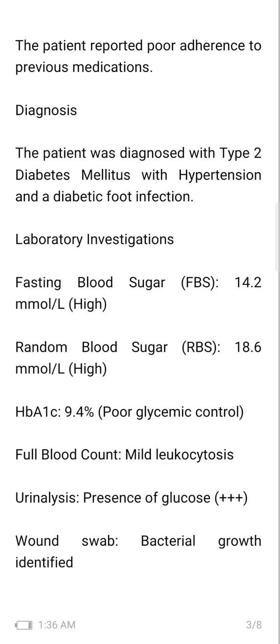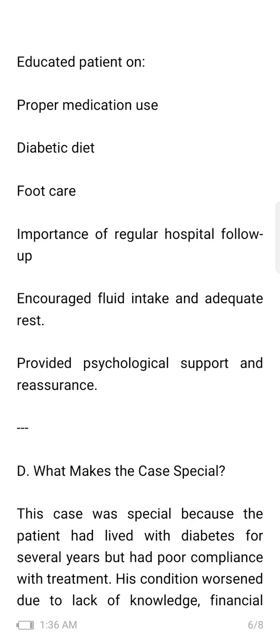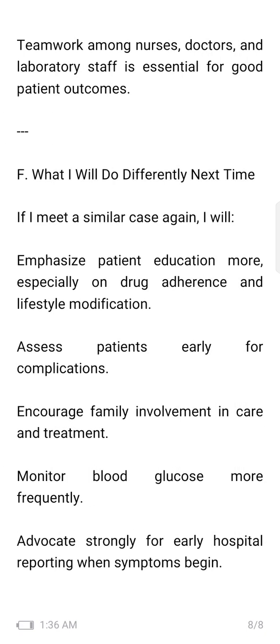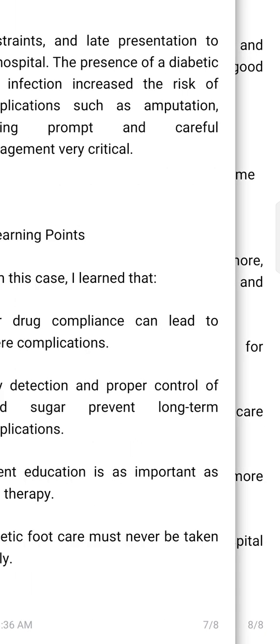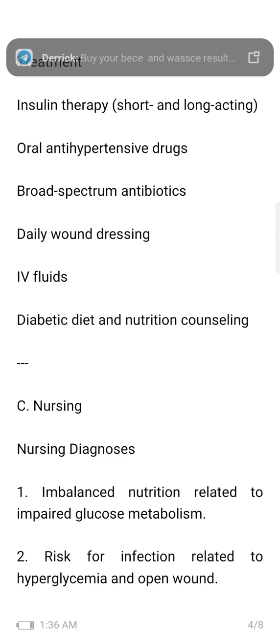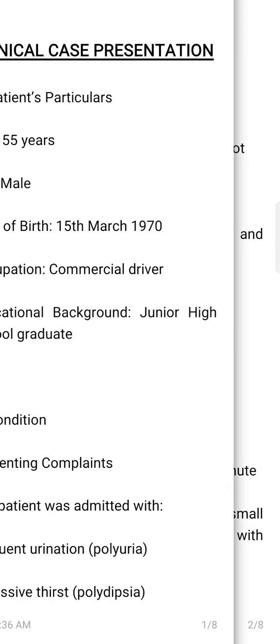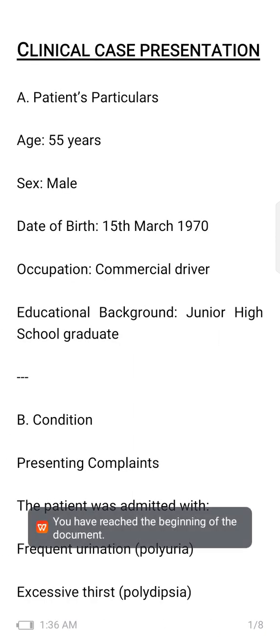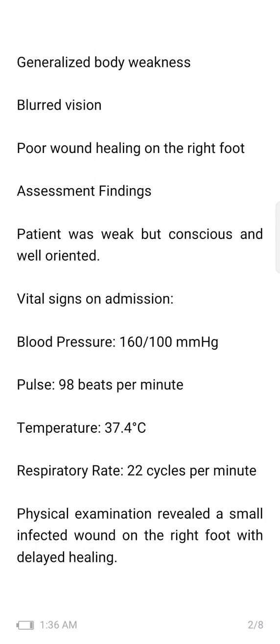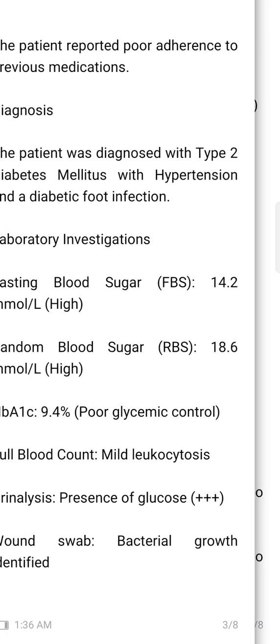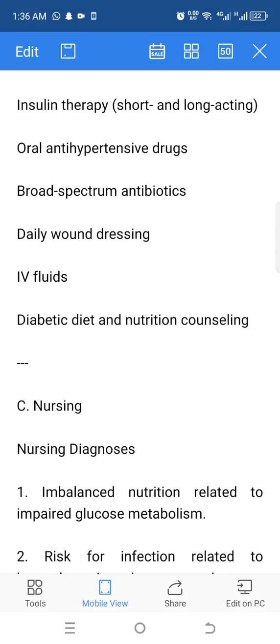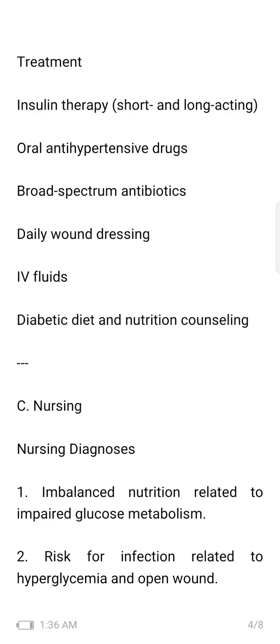So whenever we are given any assignment concerning a clinical case report, you can use this structure to write about it. Basically, case presentation is different from case reports.